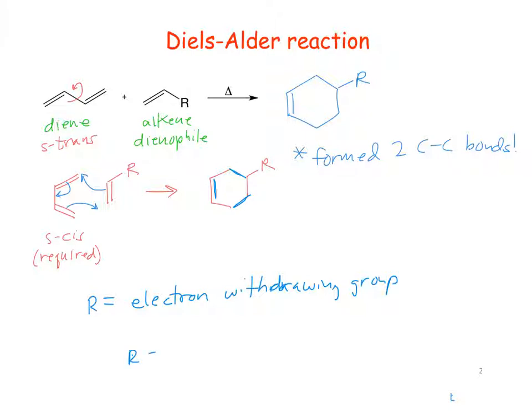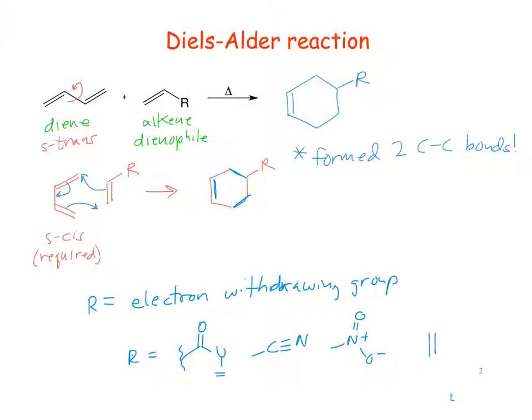So R can equal things like this with, here's the bond, with carbonyls, with various things over here. A nitrile works. A nitro group is an electron withdrawing group.